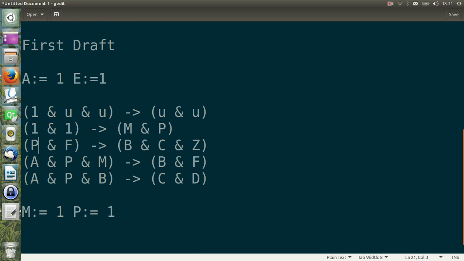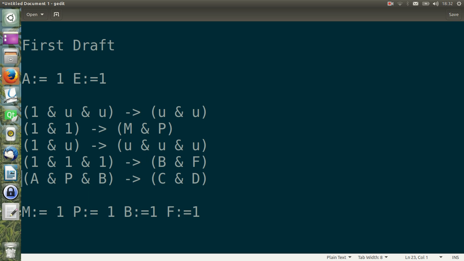So let's continue. P, we know that it has a value of 1, but F is unknown. B is still unknown, C the same. A is 1, P is 1, M is 1, and we can infer in this rule that the value of B is 1 and the value of F is 1.